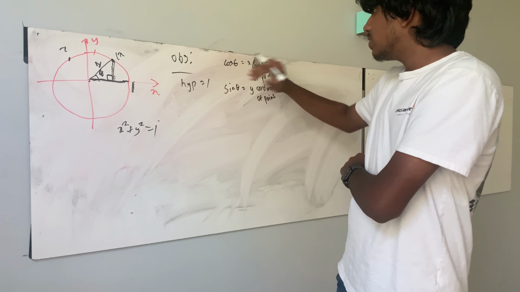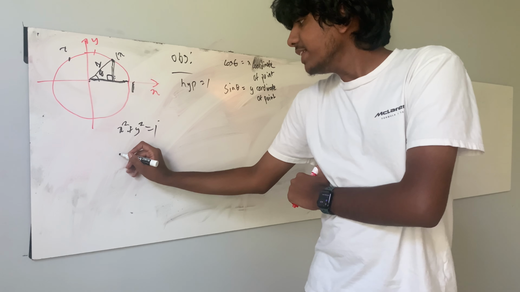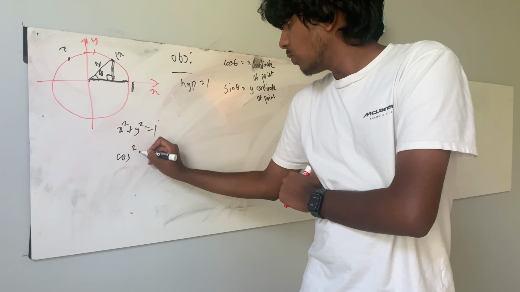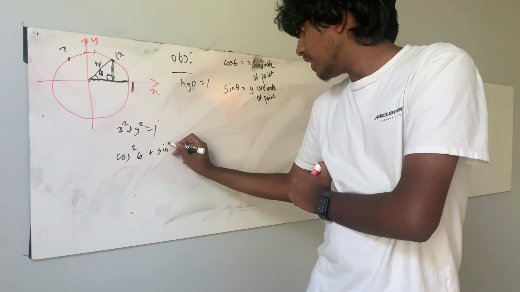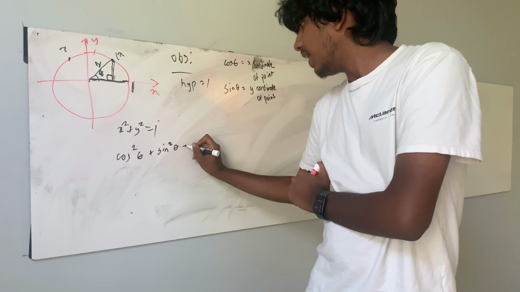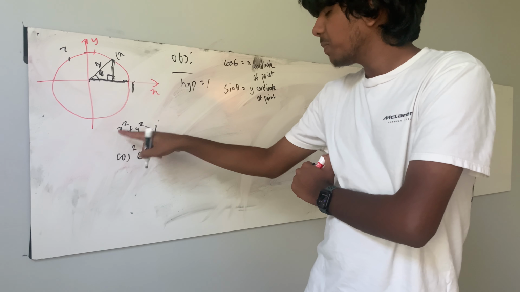Since I know the x is the cosine, and since I know the y is the sine of this angle, I can say that cosine squared of any angle plus sine squared of any angle has to equal 1. Because of two reasons.